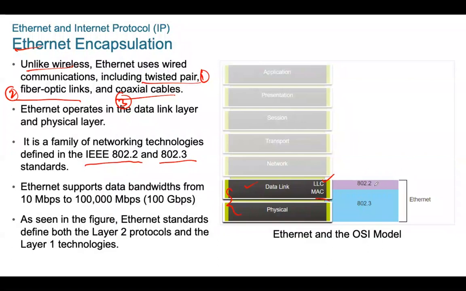For logical link control, 802.2 technology is used. For MAC address and bit streaming, 802.3 is used for Ethernet. This Ethernet supports data bandwidth from 10 megabits per second to 100,000 megabits per second, or 100 gigabits per second. So that is the capability of Ethernet.